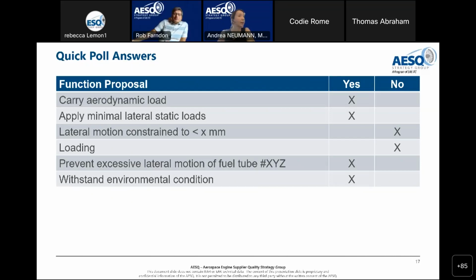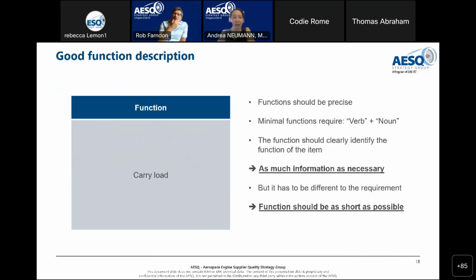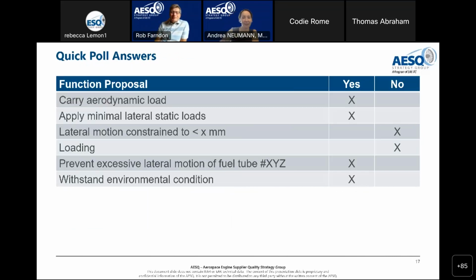Next slide, please. Number 6 is quite interesting, so I'll pop up, Andrea, if you don't mind. Withstand environmental conditions. Sure, we expect a part perhaps to withstand many environmental conditions, but it's not a problem in itself. What we need to think about is the functions that are being failed. It's not a primary function of anything to withstand environmental conditions.